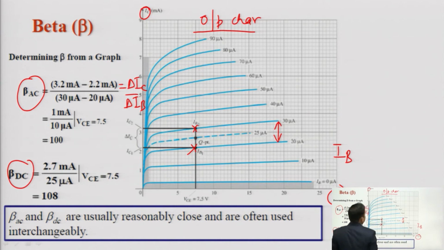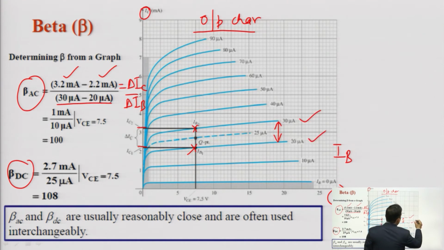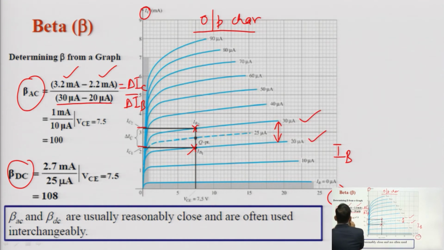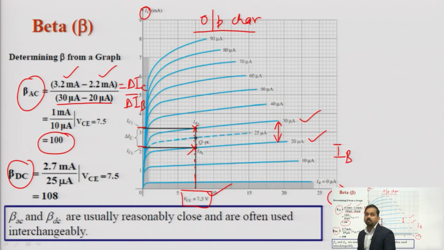Delta IB is 30 minus 20 microampere, and corresponding to this we have the collector current, which is, let us say, 3.2 here, and 2.2 milliampere. So this is 3.2 minus 2.2 divided by 30 minus 20 microampere. This value comes out to be 100 for a constant value of VCE. We have fixed the value of VCE here. So the current gain is 100.